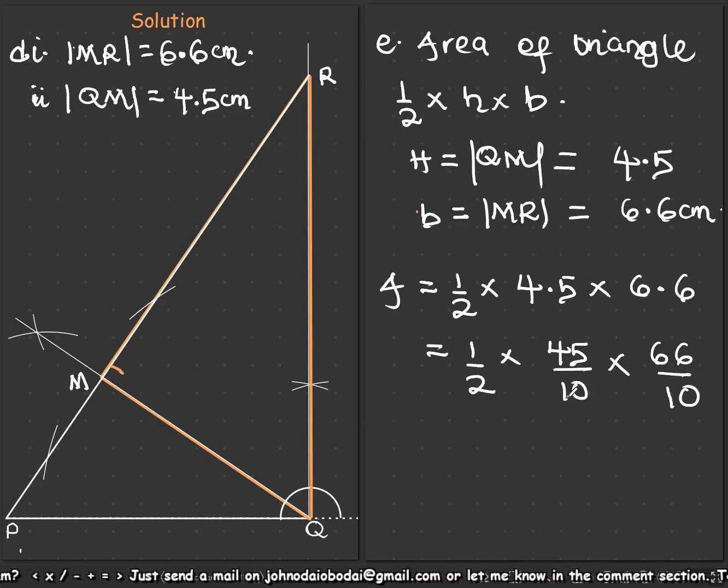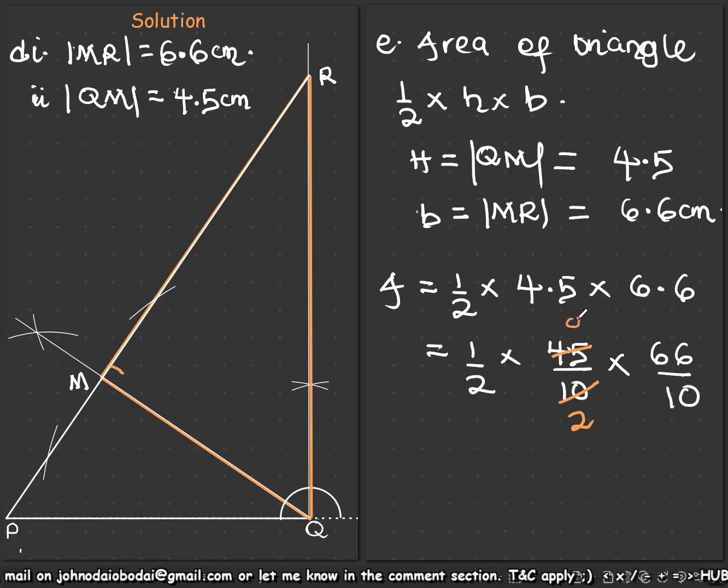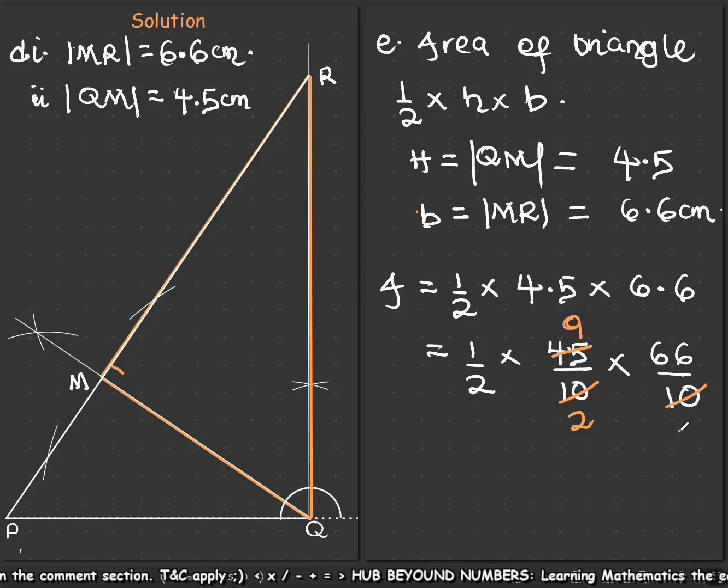So with that, we can say 5 divides 10 how many times? Twice. And it divides 45 9 times. Now, 2 divides 10 how many times? 5.